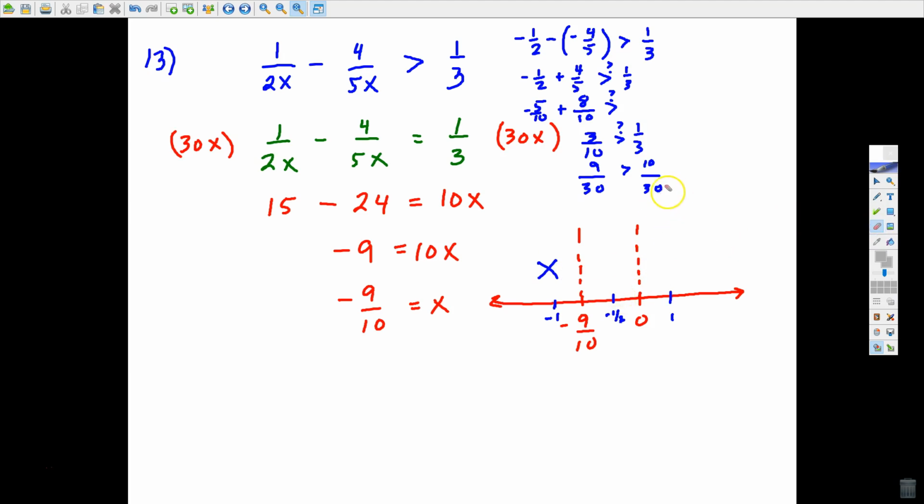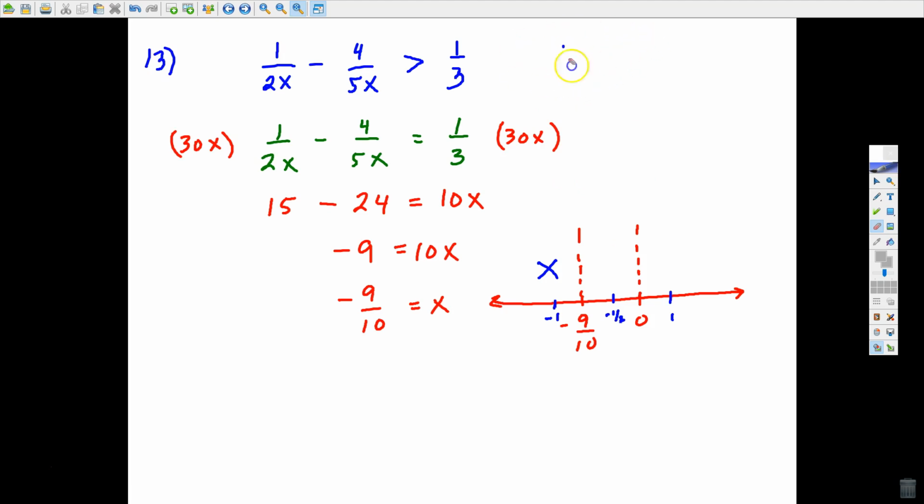Okay, so let's test -1/2. So here we go. 1 over 2 times -1/2, that's just going to be -1. And then 4 over 5 times -1/2. Is that greater than 1/3?